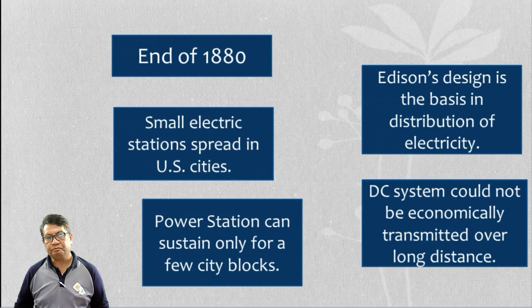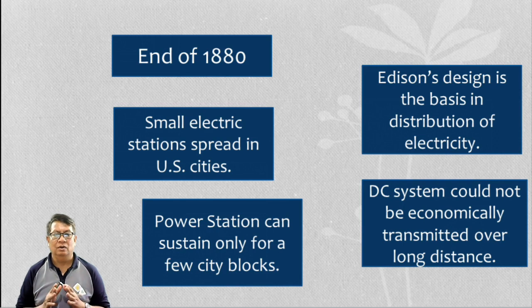Then Edison's design is the basis in the distribution of electricity. There was a production of the direct current system, and it could not be economically transmitted over long distances. Why?